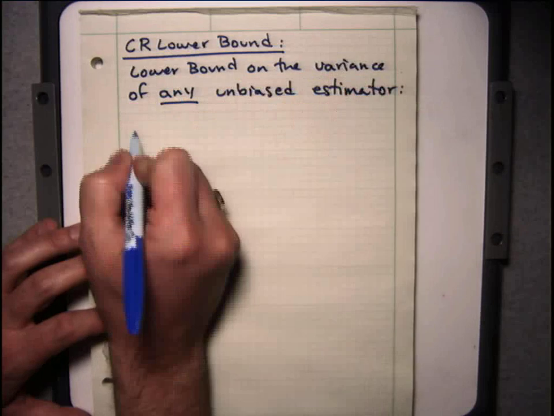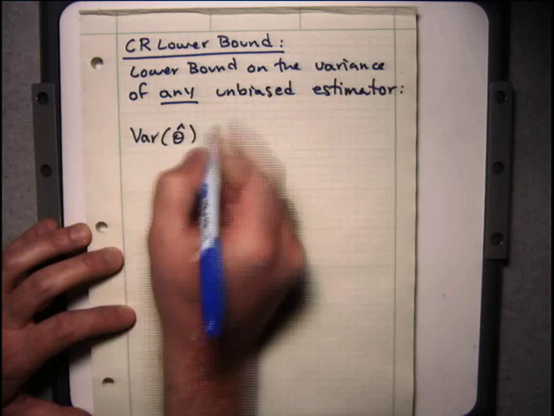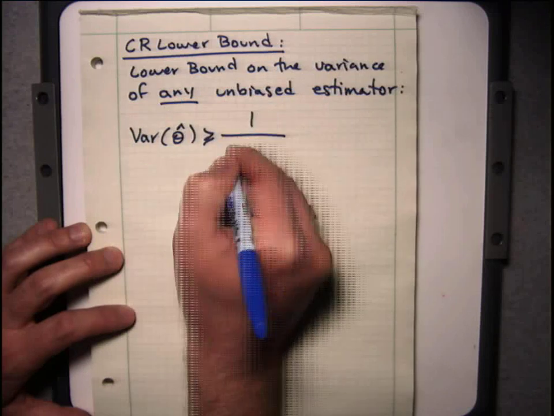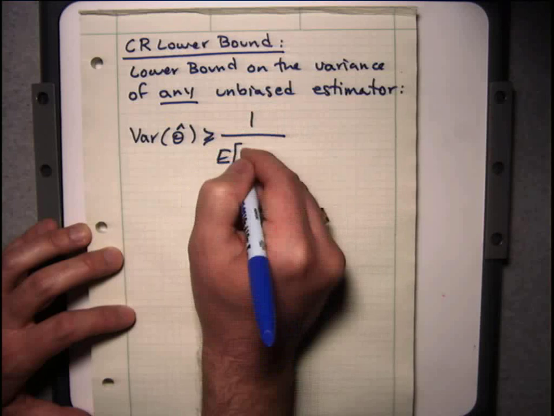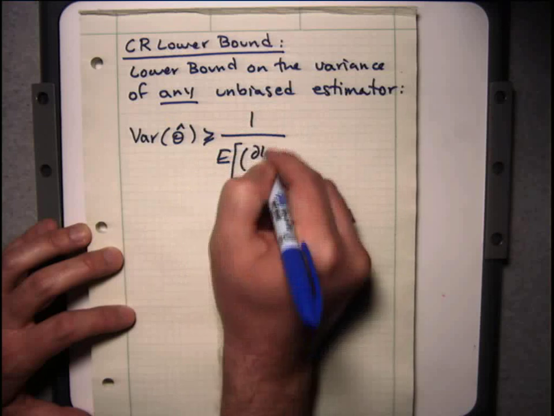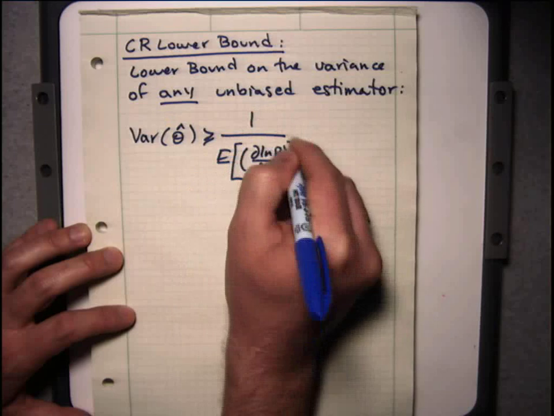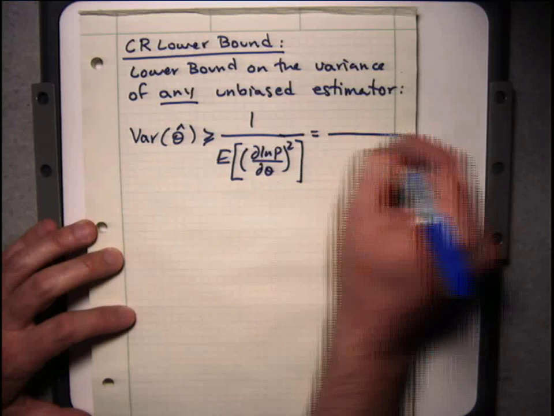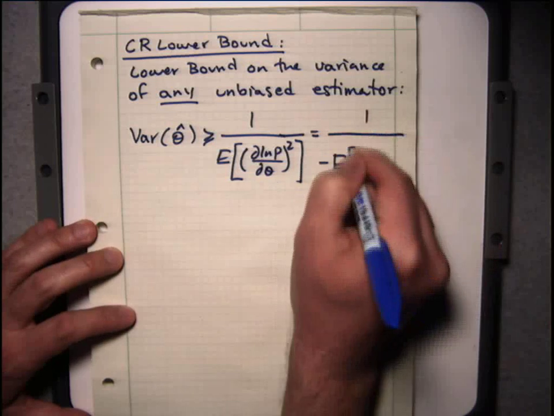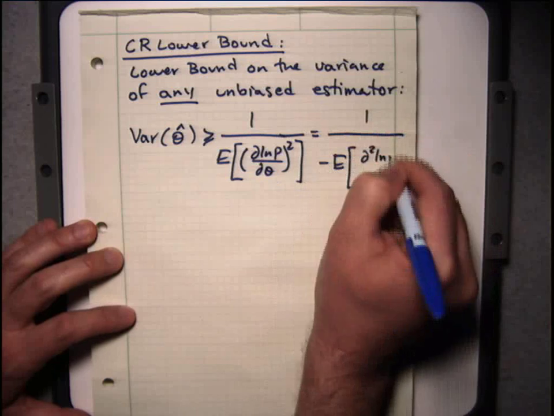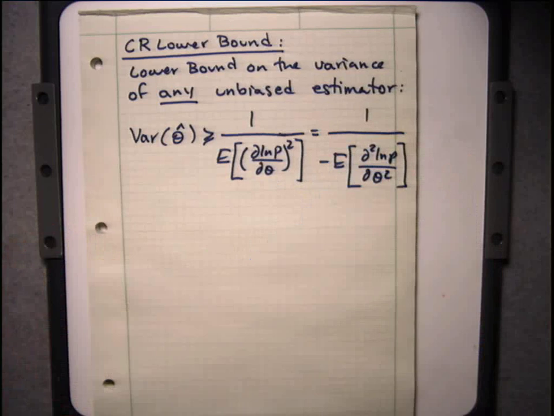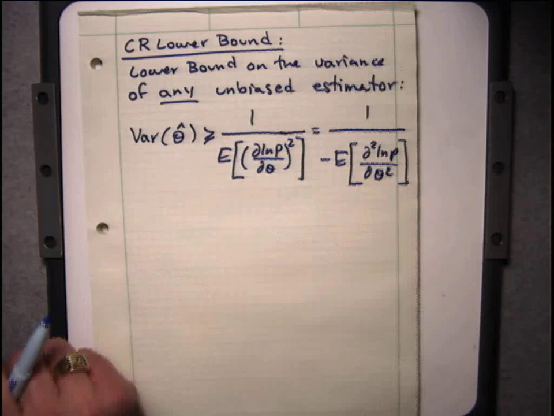The variance of theta hat is lower bounded, less than or equal to, 1 over the expected value. This is one way to write it. Another way to write it is 1 over the second derivative with a minus sign in front. And don't forget the minus sign. These are equivalent ways of writing it.